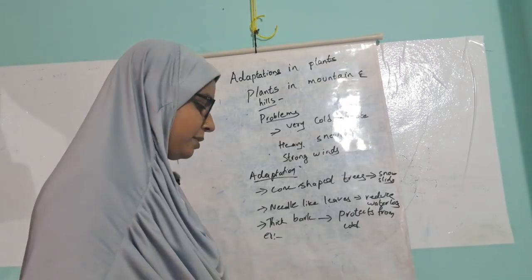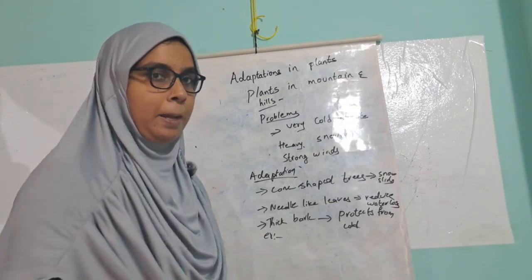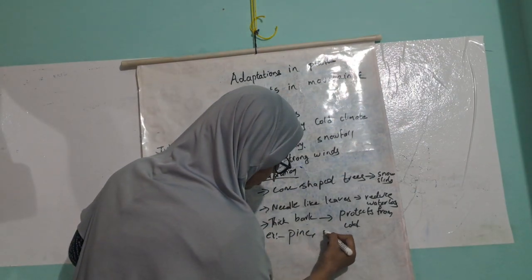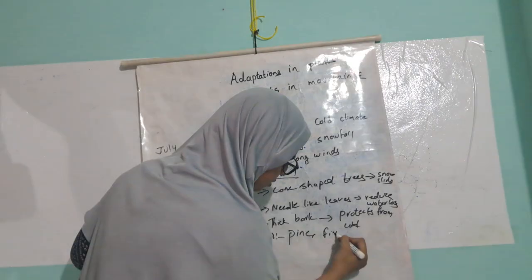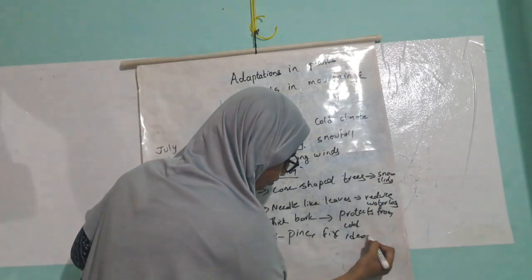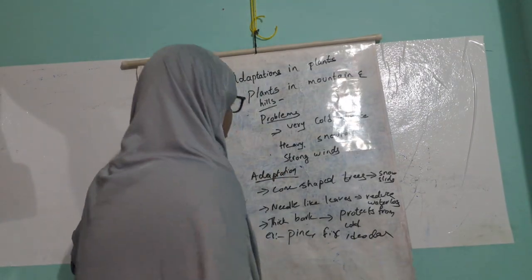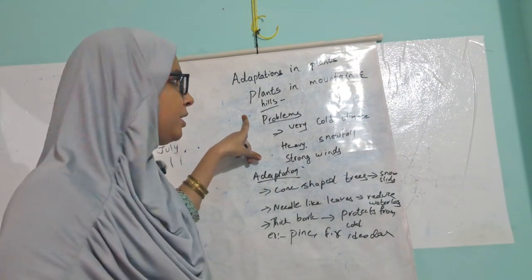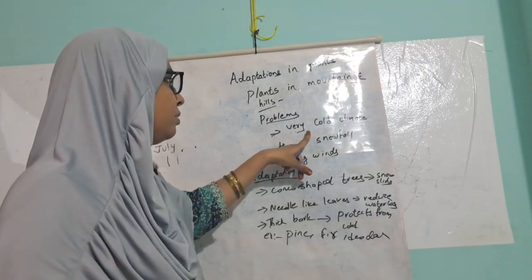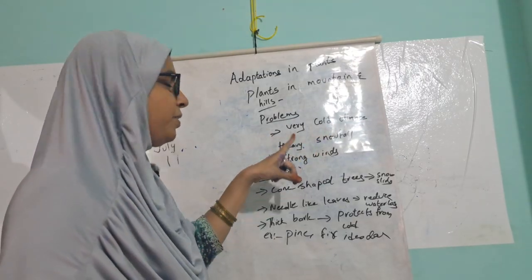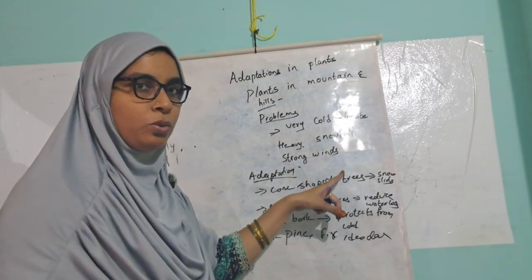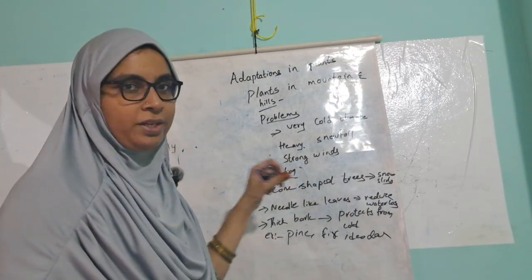What are the examples? Pine, fir, deodar. So plants in mountain and hill areas face very cold climate, heavy snowfall, and strong winds.